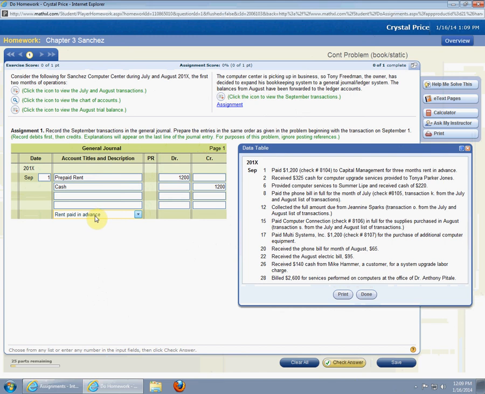You could also put the check number, and put 3 months, or July through whatever we paid, September, October, November, I guess. That's more important than just putting rent paid in advance, which really doesn't tell me anything. You understand what I'm saying? So where it says rent paid in advance is where you would put something specific. Yes.